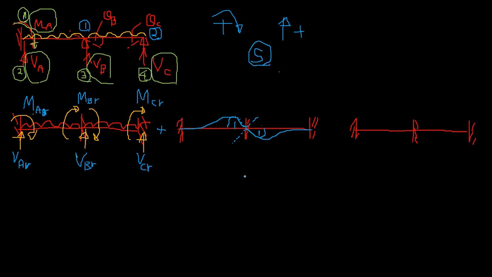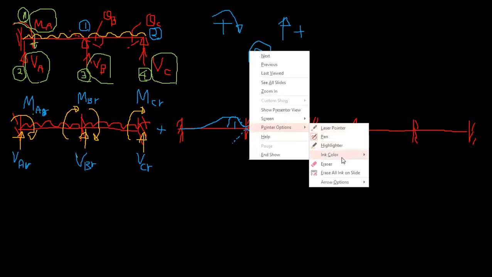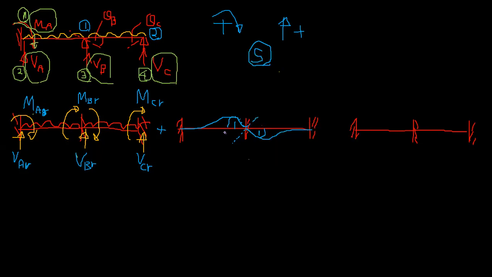So you apply a unit rotation and take the force corresponding, that means the bending moment. So S1 here will be contributed by this as well, because if you rotate the support, not only this beam, this beam also gets some bending moment.